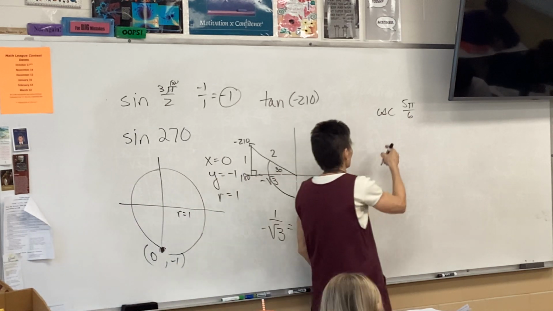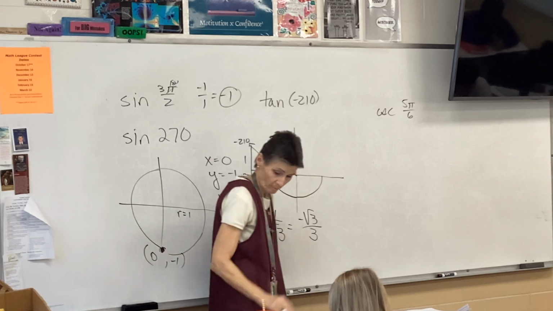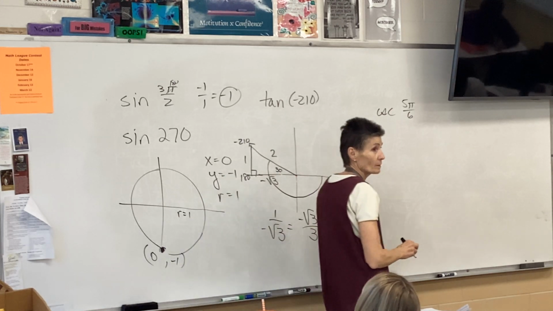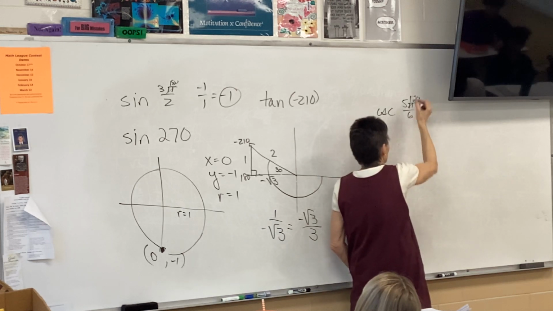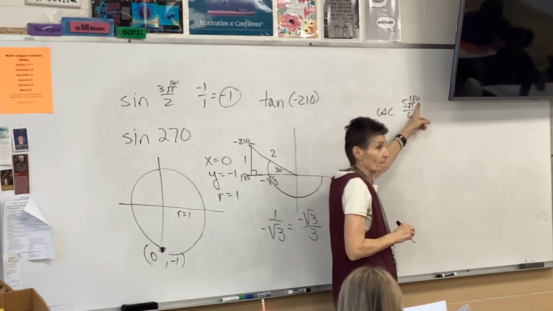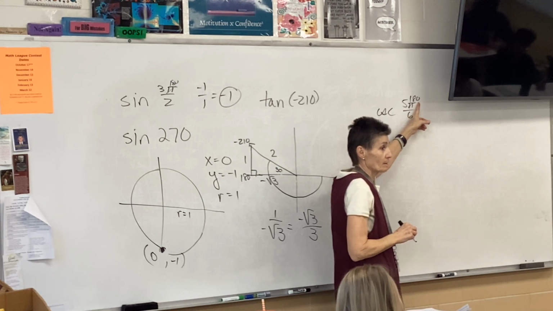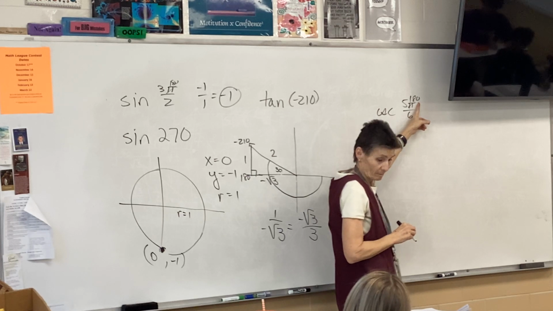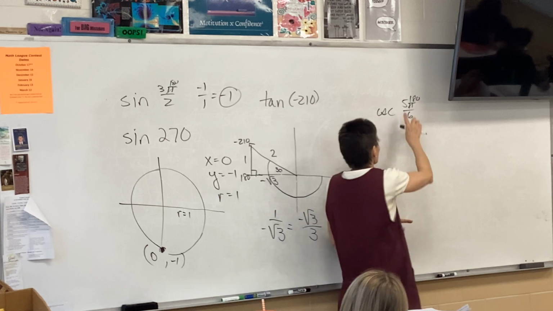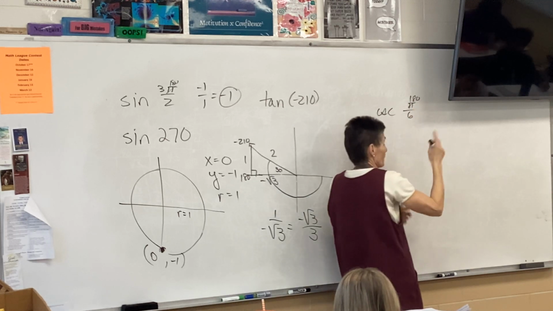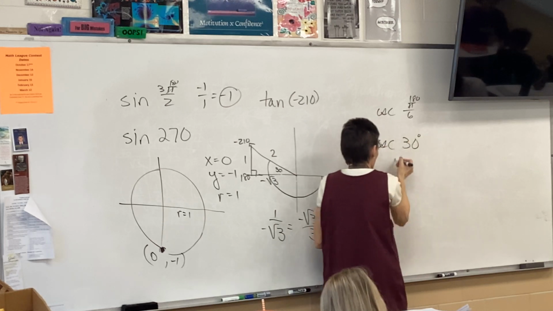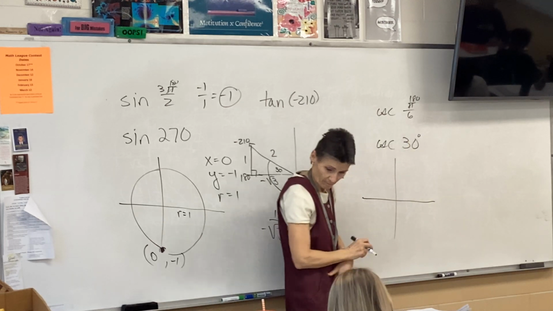Okay. What's the first thing you're going to do with this one? Evaluate. Change it into degrees. So 6 goes into 180. Oh, is that on our practice? There's no 5. It's just pi over 6. Oh, shoot, sorry. Okay, well, that's even easier. 180 over 6 is 30. Sorry about that. I don't know where I got 5.